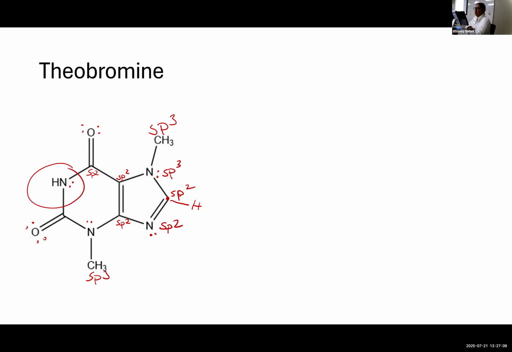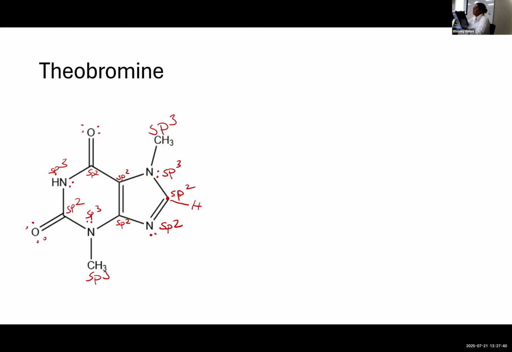This nitrogen. Tricky. There's 4 things. The hydrogen counts, and the 2 bonds count, and the lone pair counts. That's 4 things. It's a trick. So what is it? sp3. This carbon. 3 things, so sp2. This nitrogen. sp3.